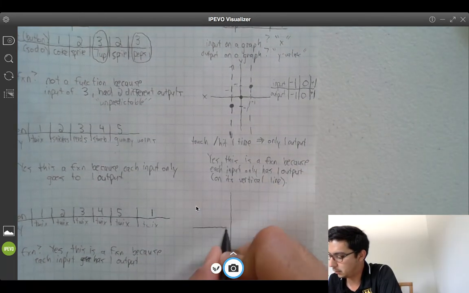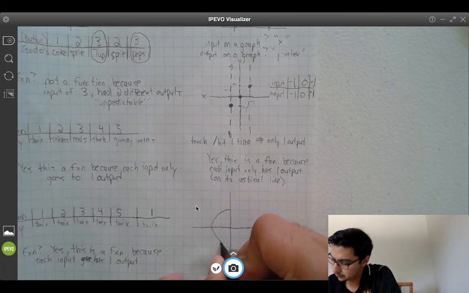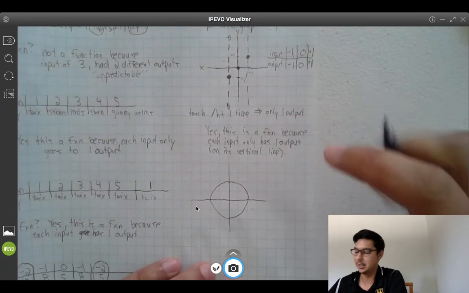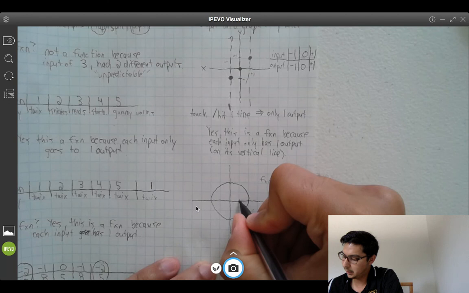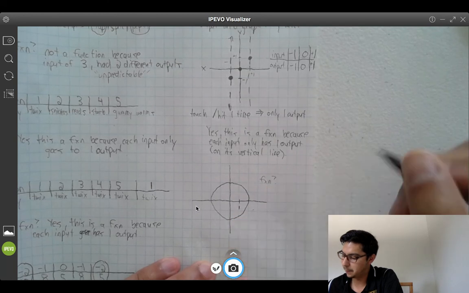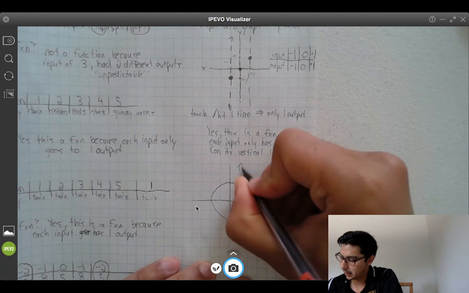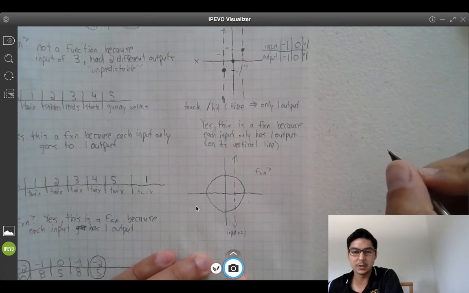So what if I looked at, say, a circle? My best circle possible, it's not bad. Is this a function? All right. We'll look at the input of 1. Okay? If I draw a vertical line down it, so at your input of x equals 1, how many outputs are there?